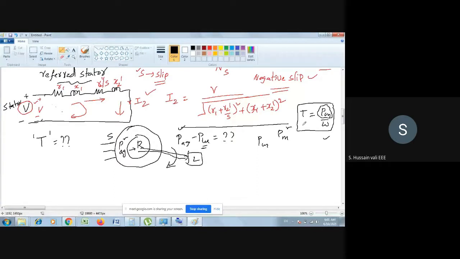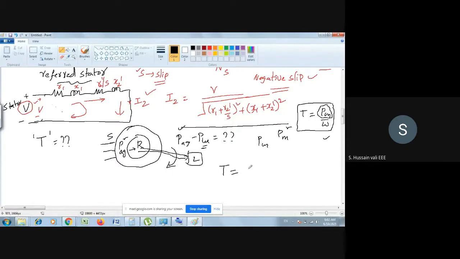That's the reason I have been explaining all this. I suggest you take any induction motor textbook and revise how these come. The only intention here is to make you understand that there is torque production.